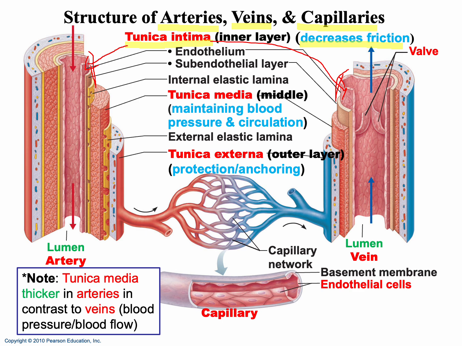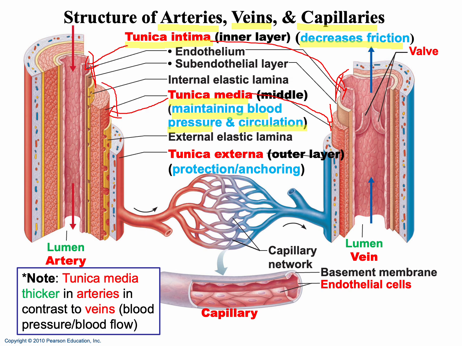The next layer we have is the tunica media. Media is referring to middle. The function of the tunica media is maintaining blood pressure and circulation. We can see that here on the diagram, the tunica media right here for the artery, and right here for the vein.